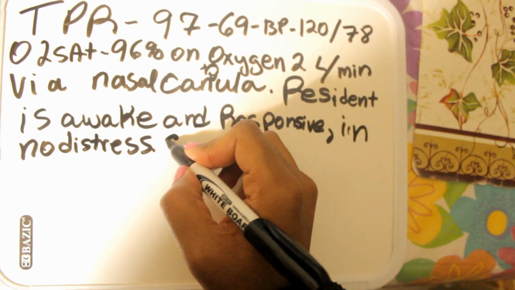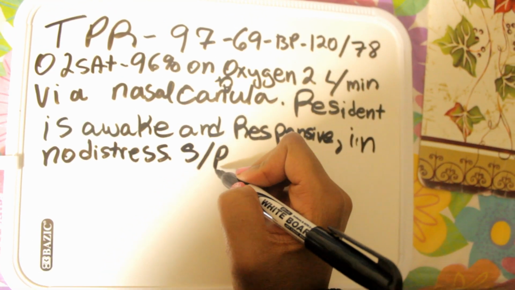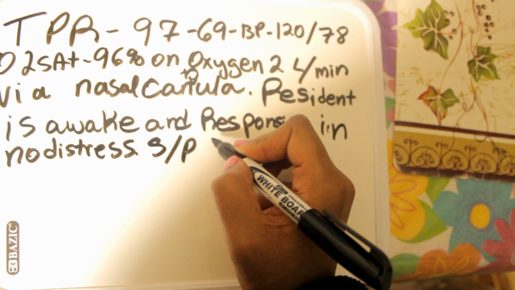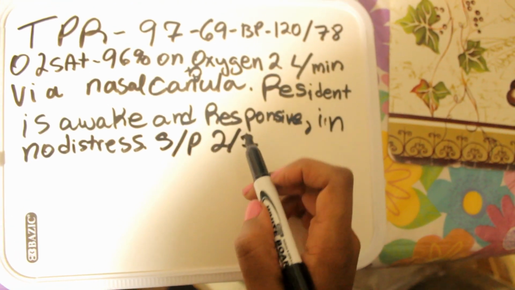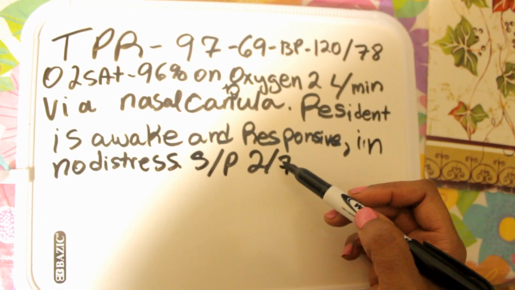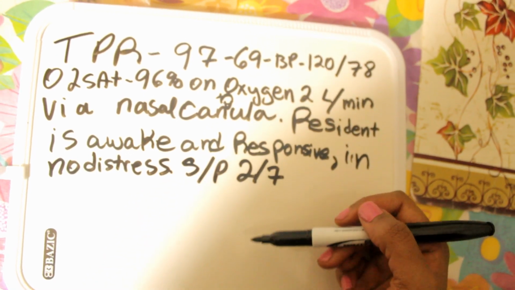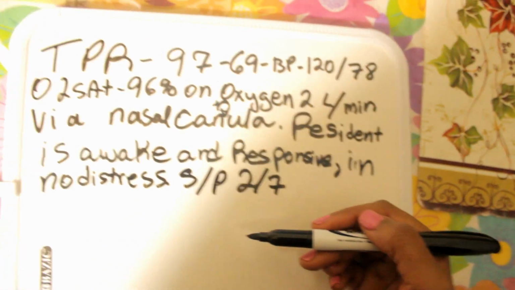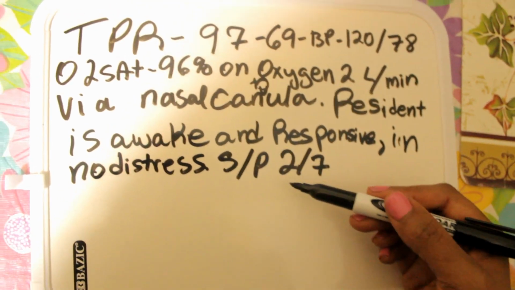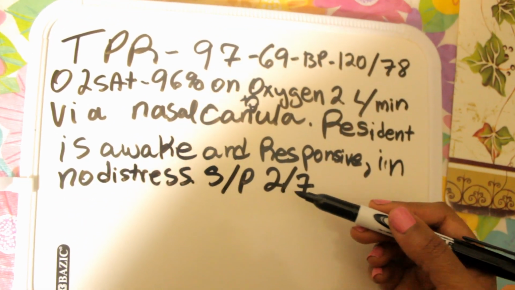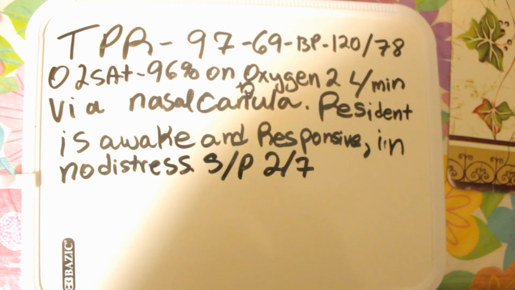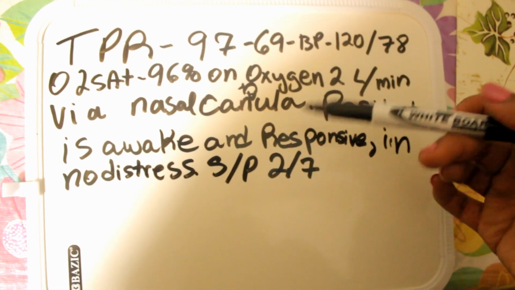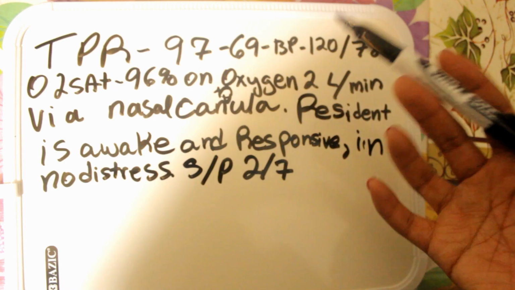SP, meaning status post. This time the patient was day 2 of 7. It's always good to write. Some nurses leave out the total number of days, but it's always good to write what day they are in and the total number of days, so that the nurse who works on day 7 doesn't have to keep continuing the note, because that becomes redundant.